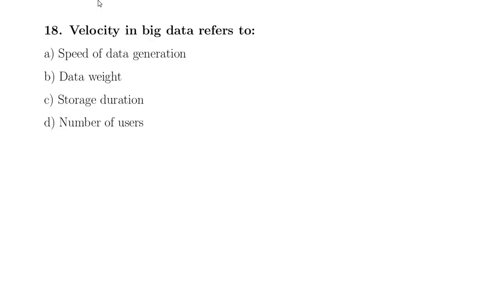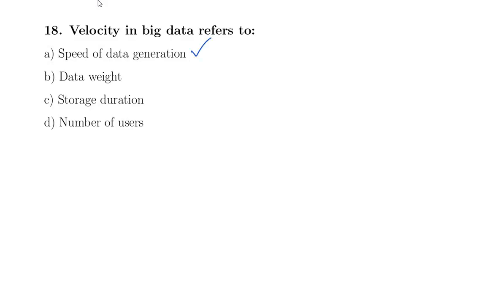Question number 18. Velocity in big data refers to speed of data generation, data weight, storage duration, or number of users. The correct option is speed of data generation.